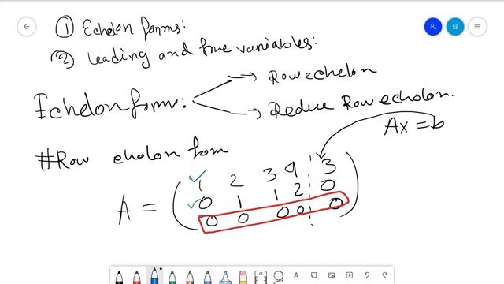So this is the first property that a row echelon form will have. In the second property, we can see that in any non-zero row, the first non-zero entry is a 1, that is this one and this one, and these are called leading terms.